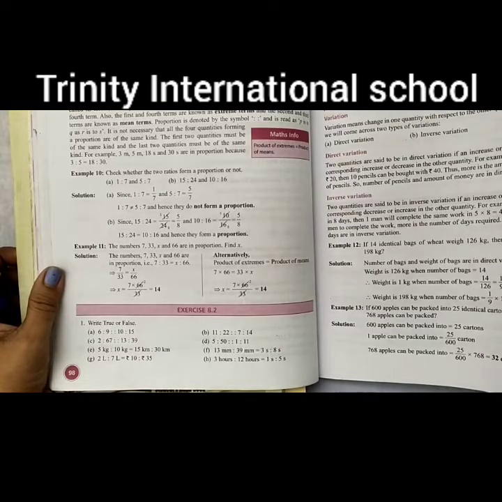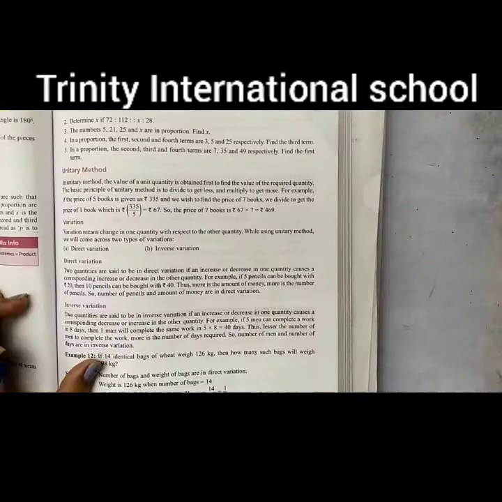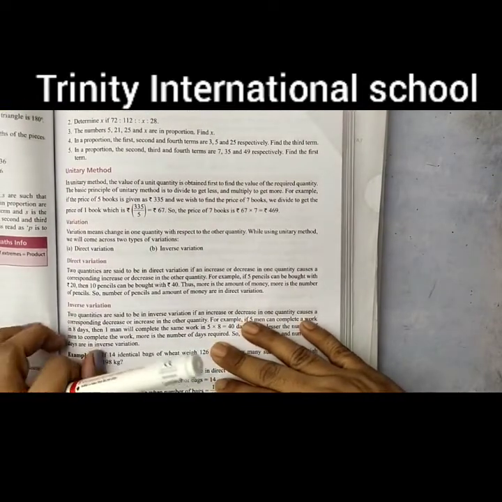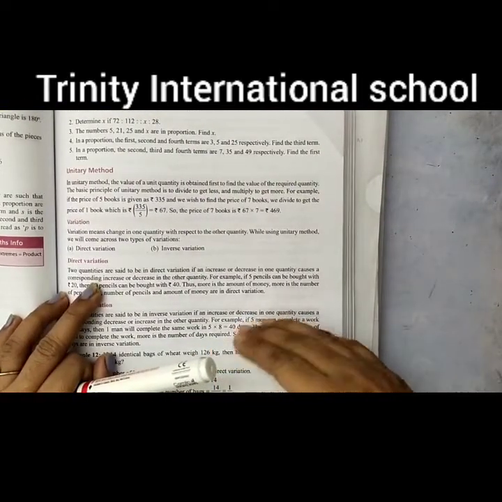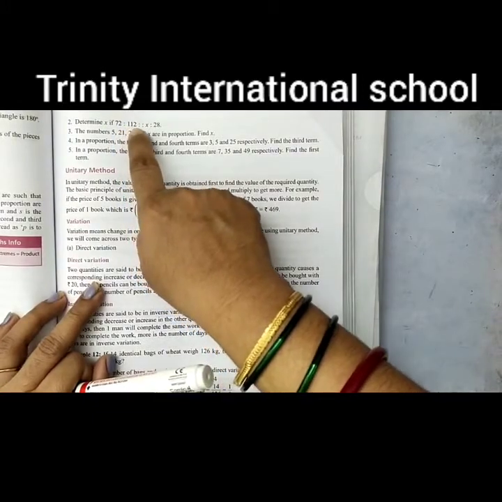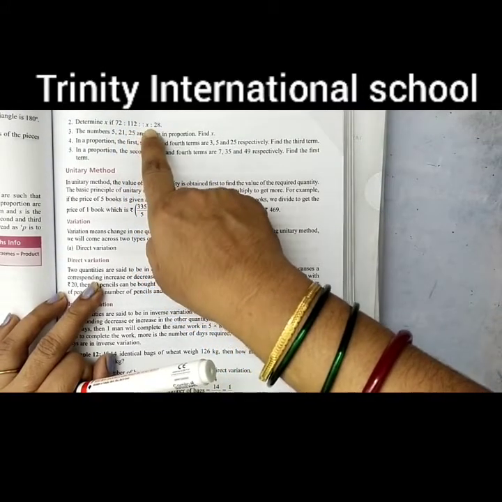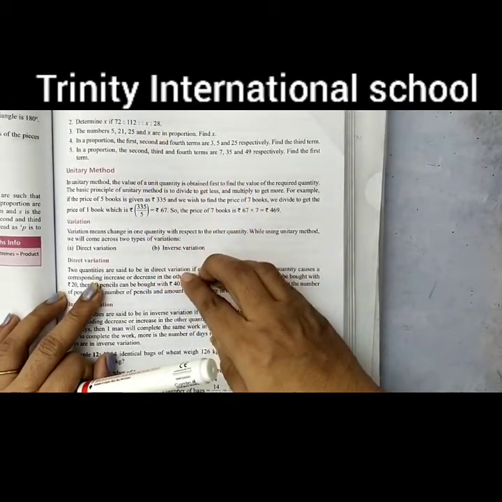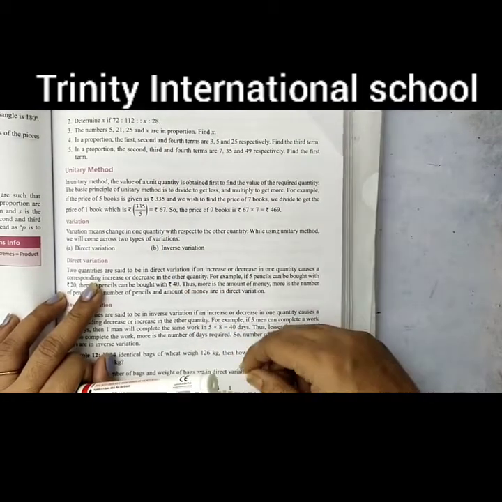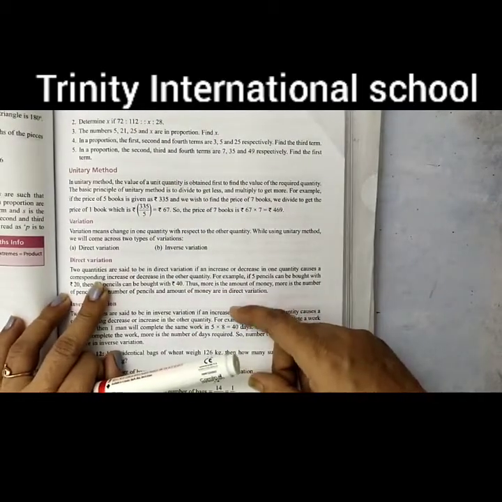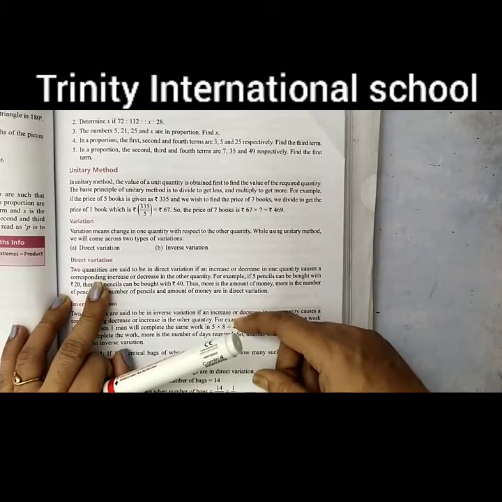Okay, so now let us go to second question. Now second question is determine x if 72 is to 112 is proportional to x is to 28. Okay, so let us just write how we can go for the determination of x.